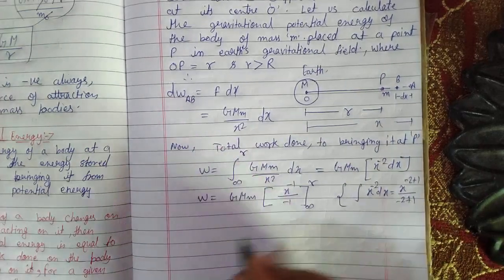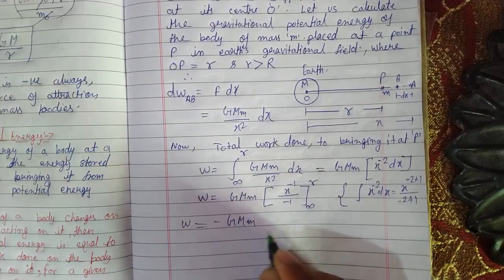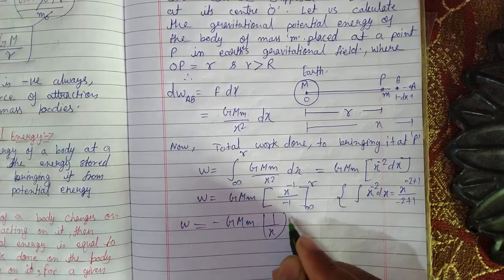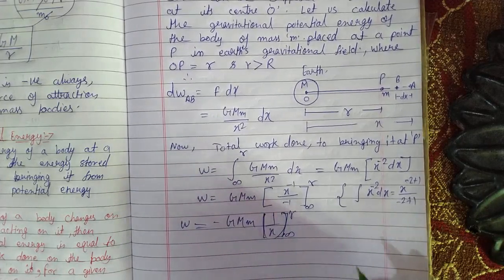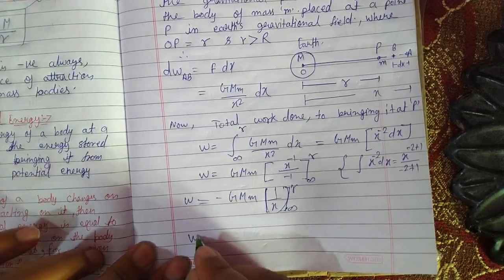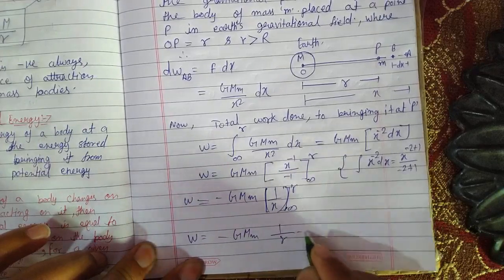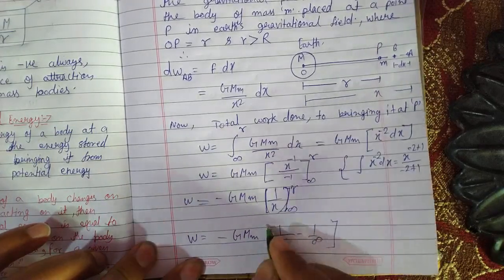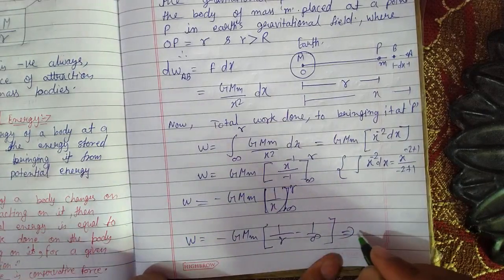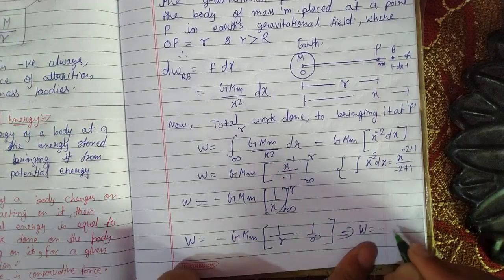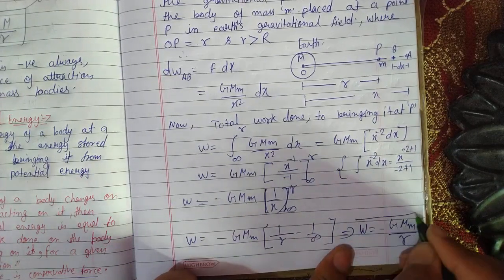So this value becomes negative: minus G M m times 1 upon x from infinity to R. Therefore W is equal to minus G M m times 1 upon R minus 1 upon infinity. So the value of work done is minus G M m upon R.